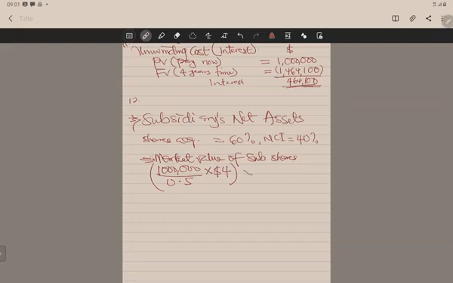Now multiply it by the 40% of the NCI. 1 million divided by 0.5 is 2 million. 2 million multiplied by 4 is 8 million. Then this 8 million multiplied by 40 over 100, you'll be having 3,200,000.